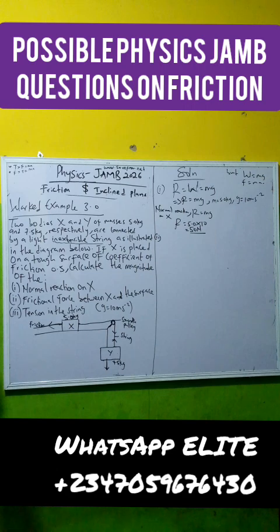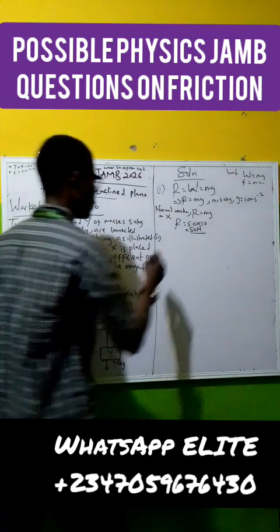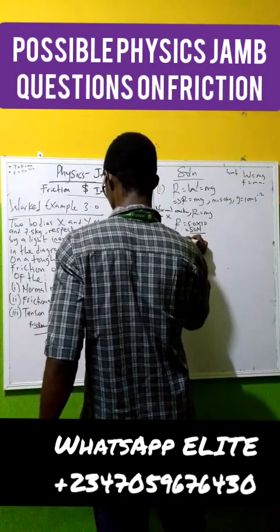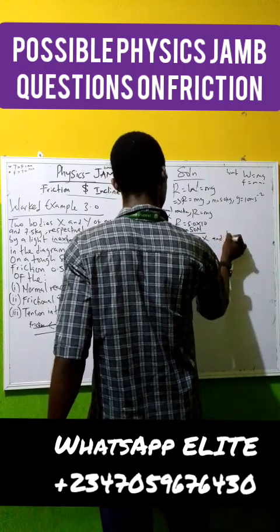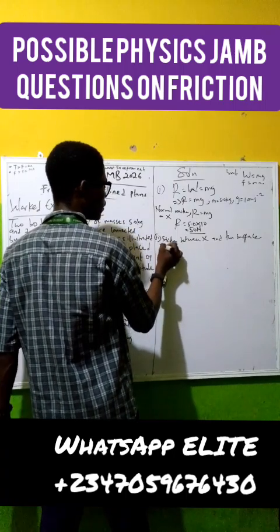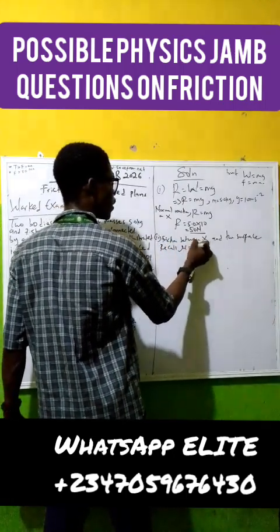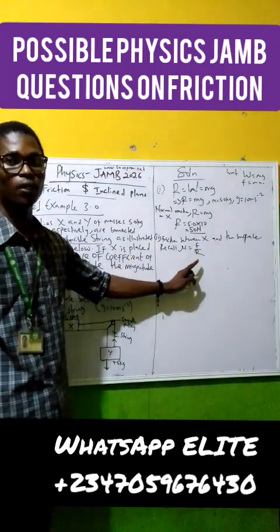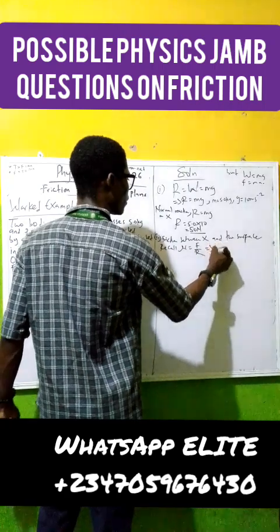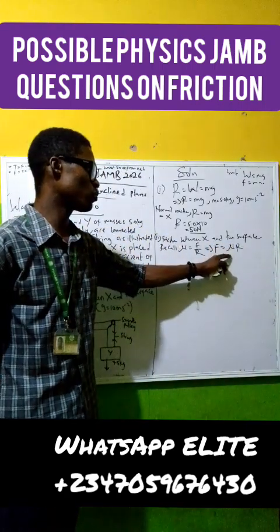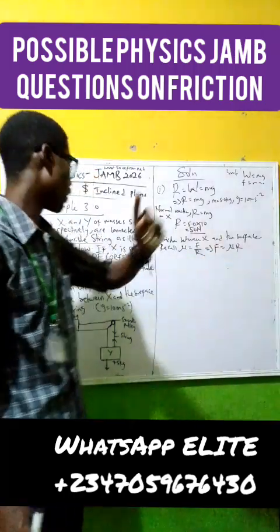Recall that mu equals frictional force over normal reaction. So the frictional force equals mu R, which means our coefficient of friction multiplied by the reacting force.